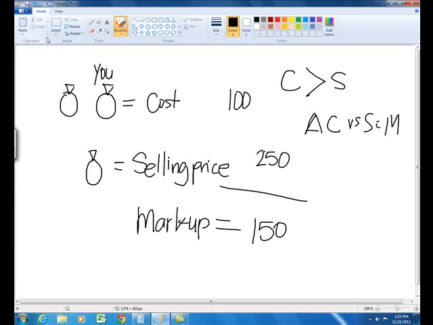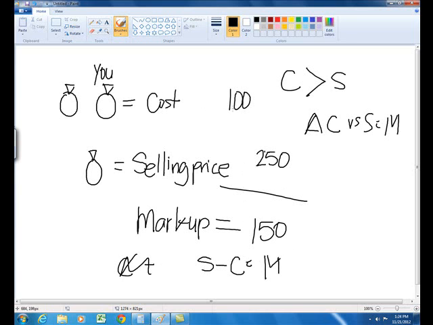Okay, let's take a look. From knowing those things, I can take my selling price, subtract my cost out of it, and that would give me my markup amount. Makes sense? That's exactly what we did right here.